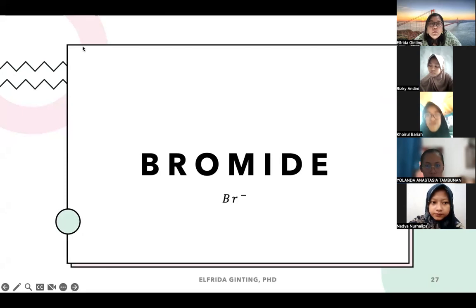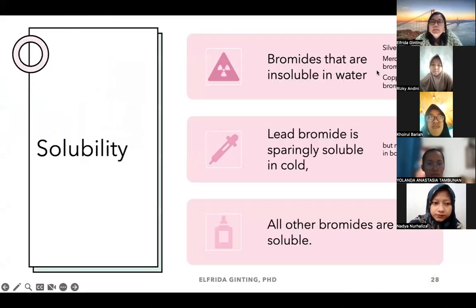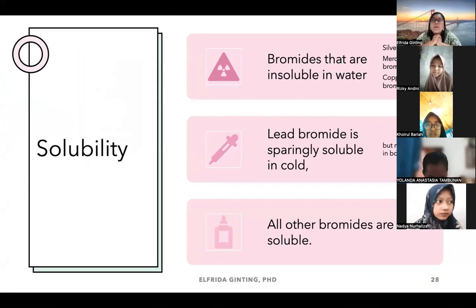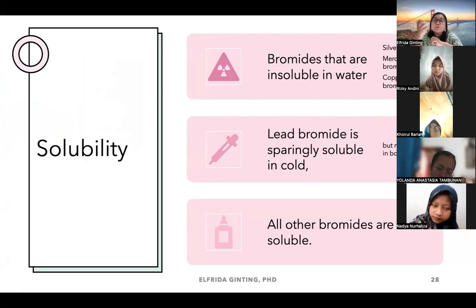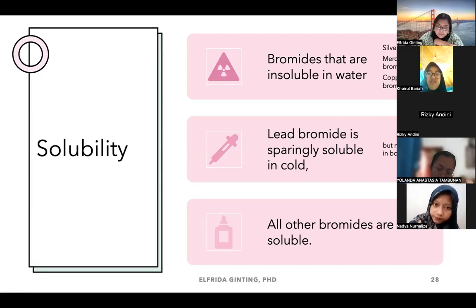For bromide, there are several metal bromides that are insoluble in water, such as silver bromide, mercury bromide, and copper bromide. Similarly with chloride, lead bromide is also sparingly soluble in cold water. Once you boil it, it will be more soluble. And other bromides are soluble.